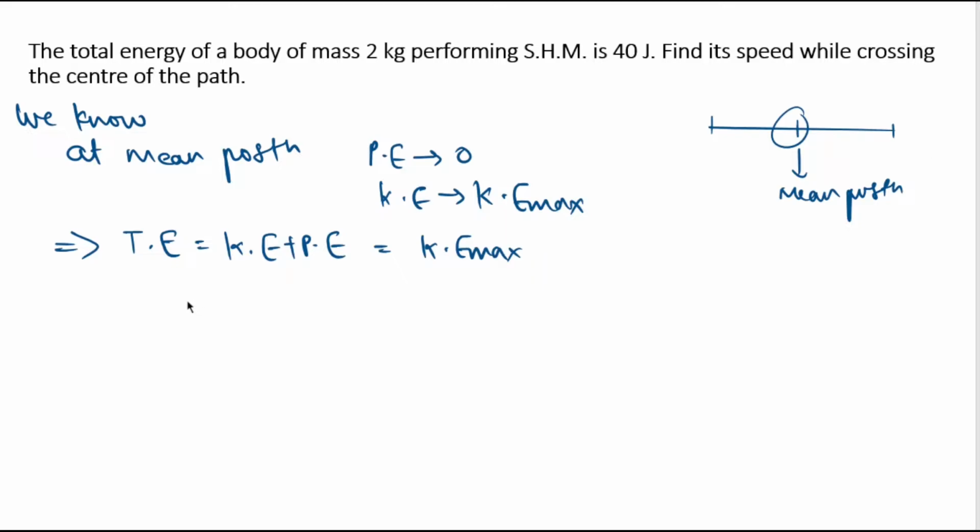From this expression, we can say that total energy is equal to kinetic energy max. So total energy is given to us as 40 joules, which is equal to KE max.